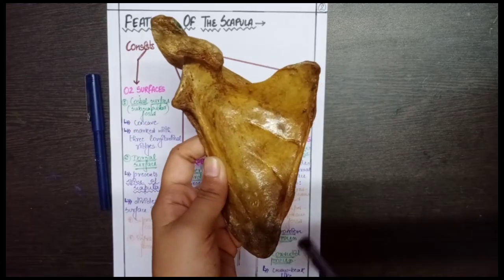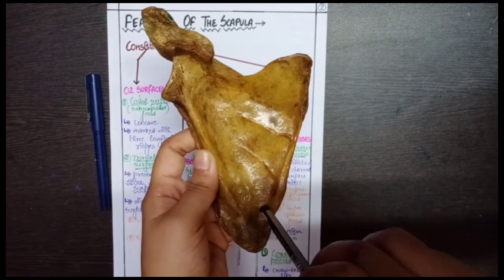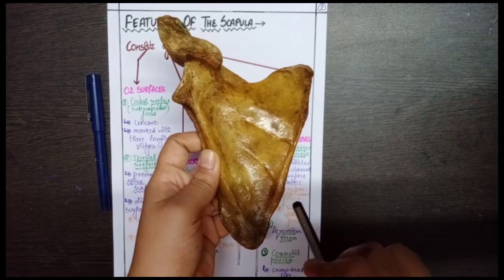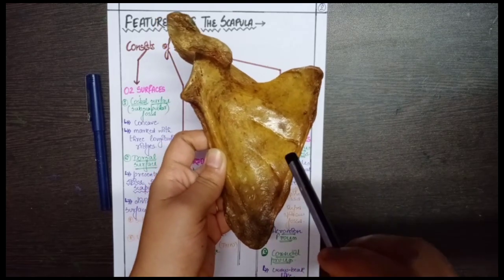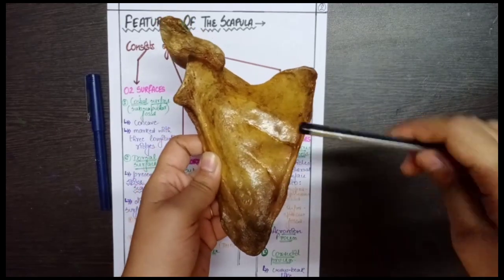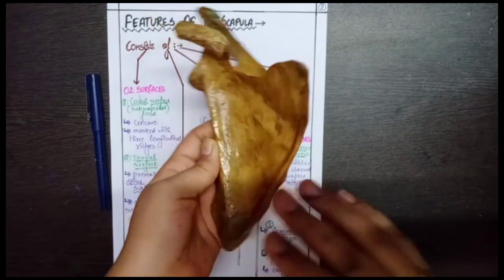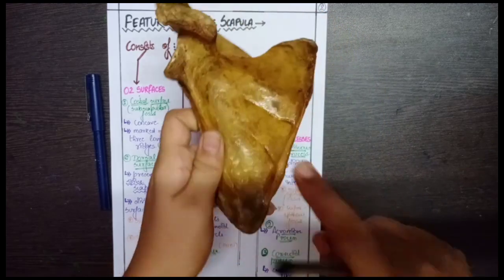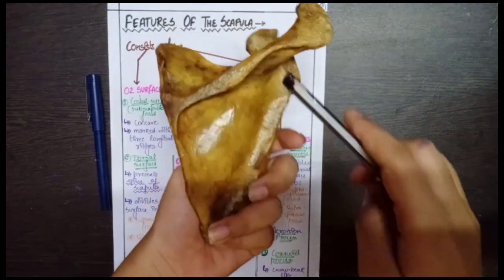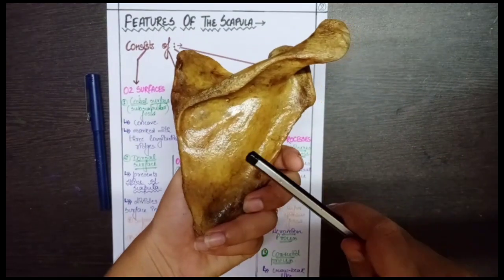Now let's go through the features with the help of the scapula bone. We already know that this is the right side of the scapula. The first thing we need to know is surfaces. It has 2 surfaces in total, the costal surface and the dorsal surface. The costal surface is also known as the anterior surface, and the dorsal surface is the posterior surface.